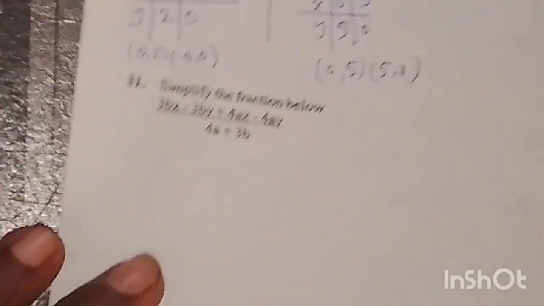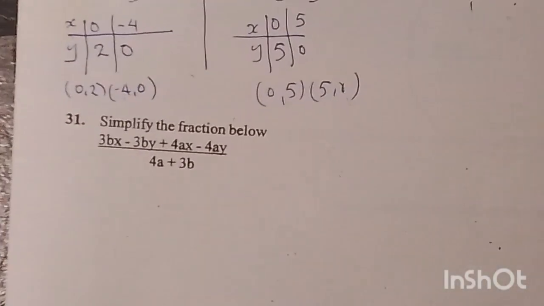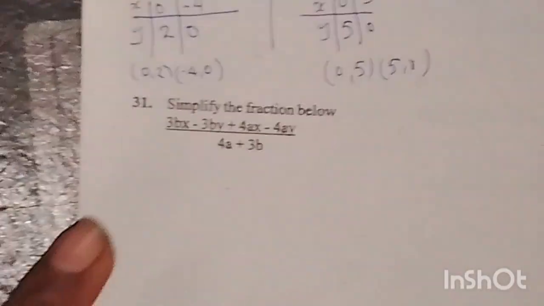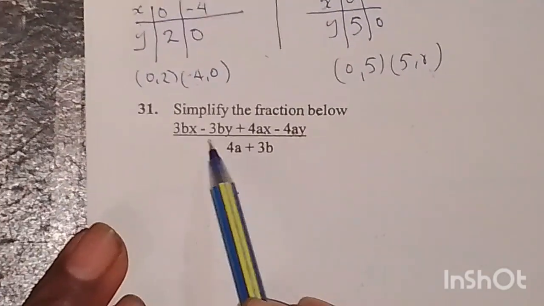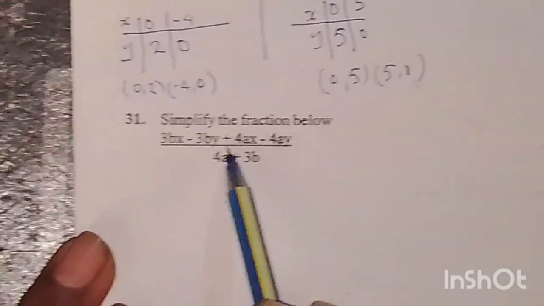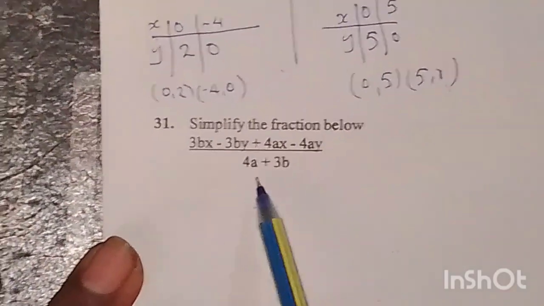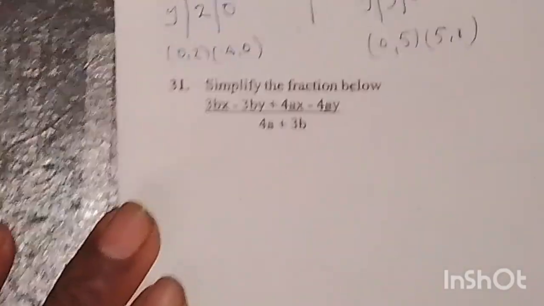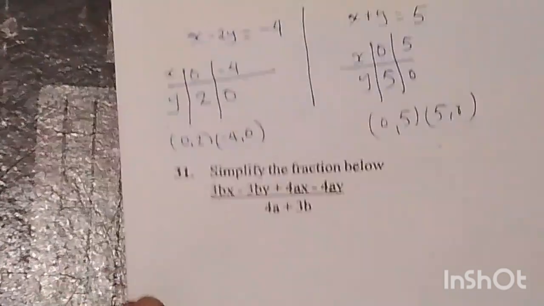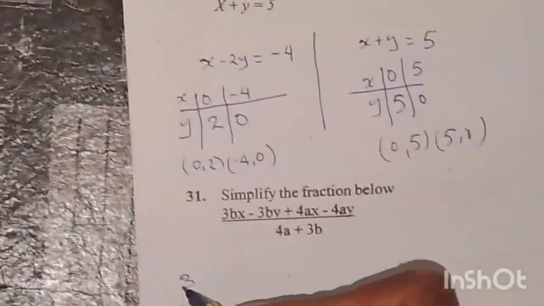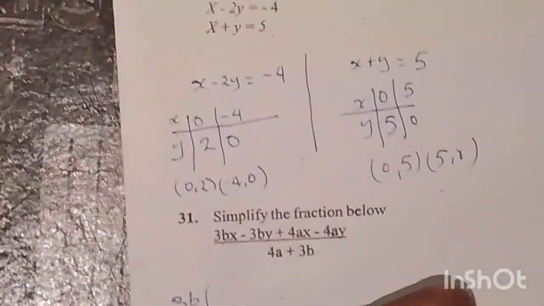Question number 31. Simplify the fraction below: 3bx minus 3by plus 4ax minus 4ay divided by 4a plus 3b. Now to solve this, there is 3b here and 3b here. Move 3b into a bracket.